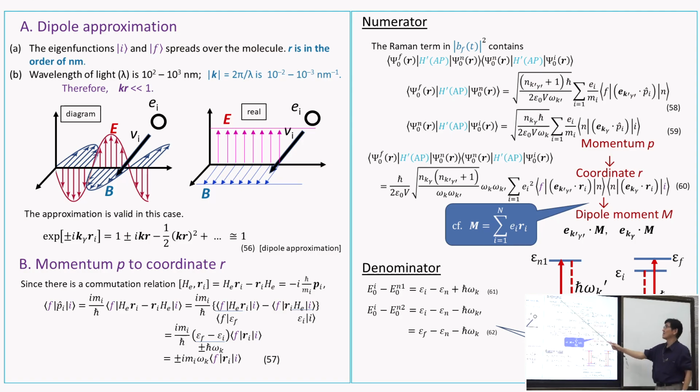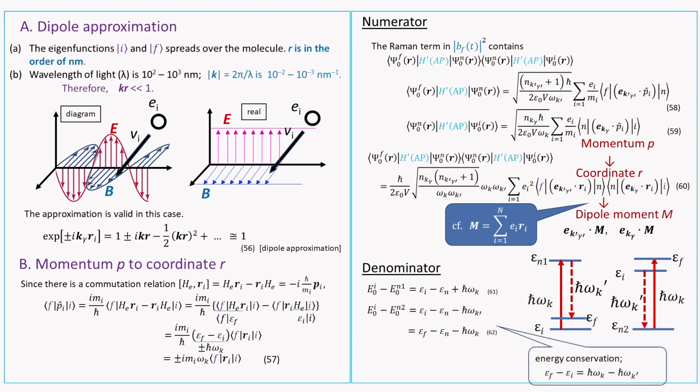Again, the Raman term, B F T square, contains the wave function of the final state, H A P term, intermediate state, A P term, initial state. The former part and the latter part are calculated in this way.